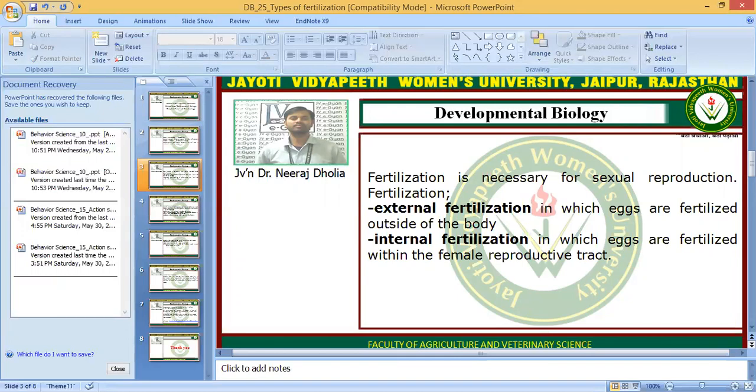Generally it is a feature of aquatic animals. The second is internal fertilization, in which the eggs are fertilized within the female reproductive tract. It is a feature of non-aquatic animals.